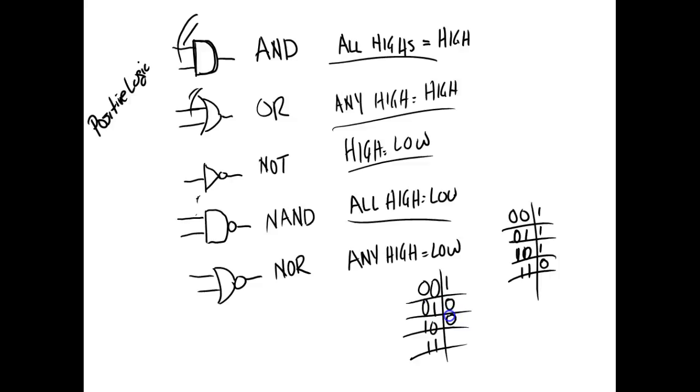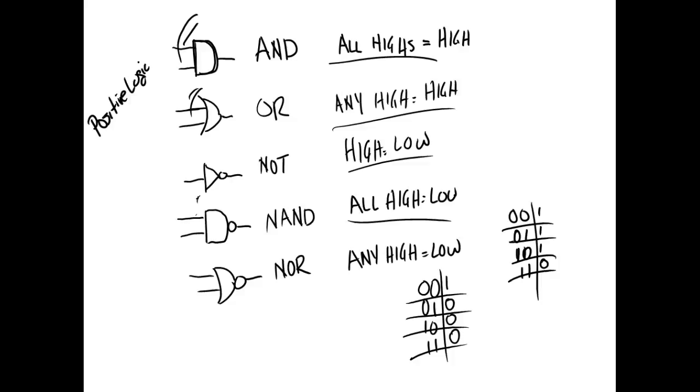Is this any high? Is this any high? Now, a lot of people say, and later on, notice we only have one combination here that gives us a 1. Then all the other combinations give us 0.